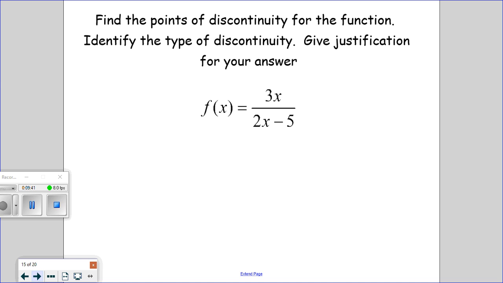All right, so on this one, find the points of discontinuity for the function, identify the type of discontinuity, and give a justification for your answer. As we are identifying the type and giving the justification, I want you guys to consult your calculators. As soon as you get this down on your paper and decide on what type of discontinuity, I want us to look at our graph here so that we can speed things up a little bit as far as our justification on which type we think it is.